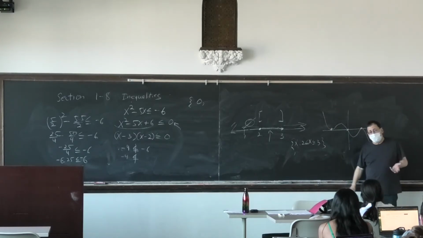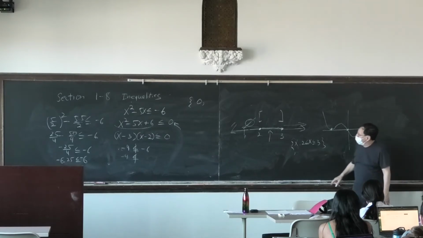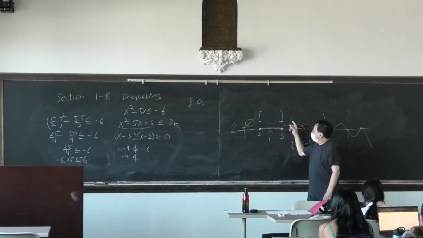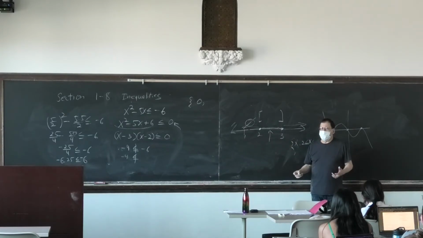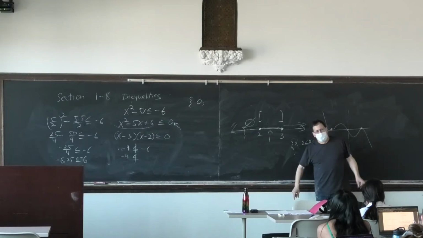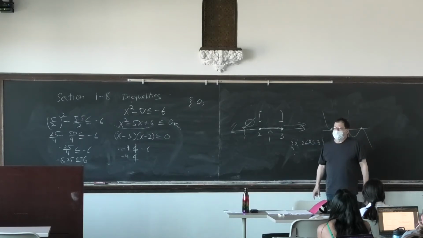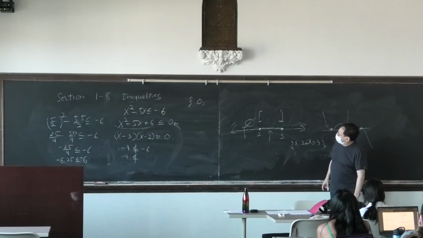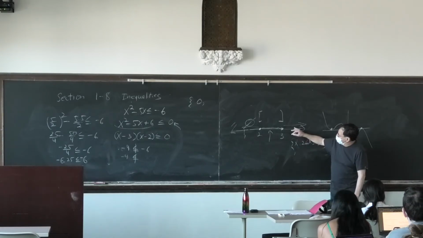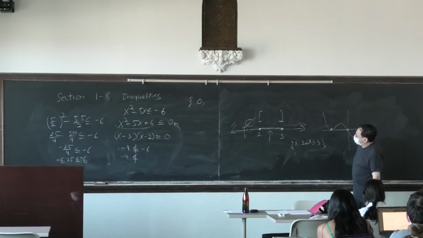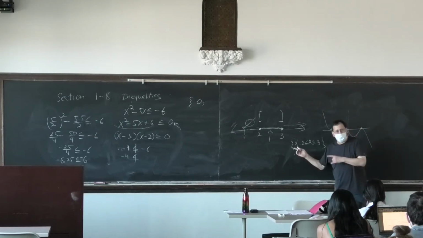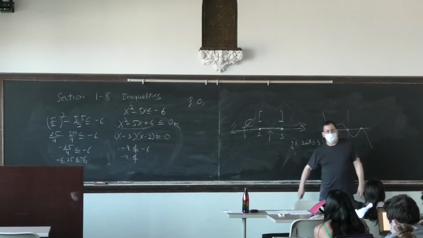So the best way to do these is check a point for each of the regions that are divided by the zeros. This is really the most complicated thing you're going to do in inequalities. I might introduce an absolute value. Okay, any questions about inequalities?